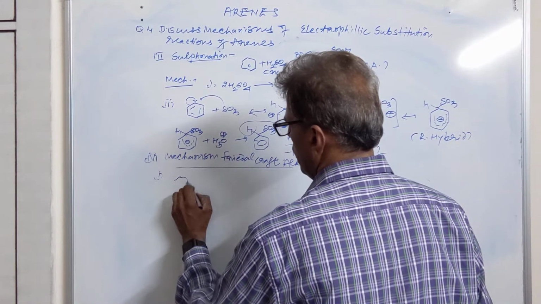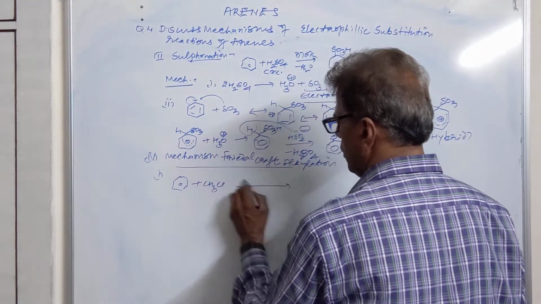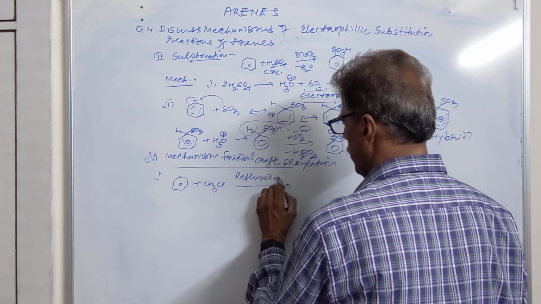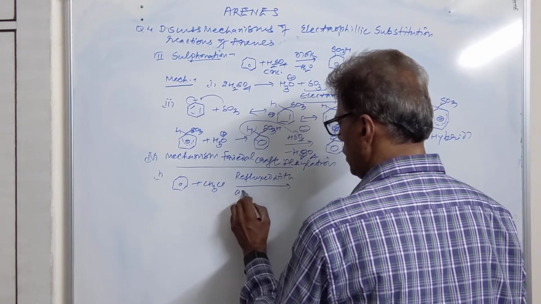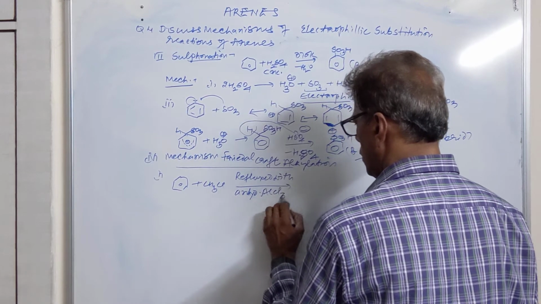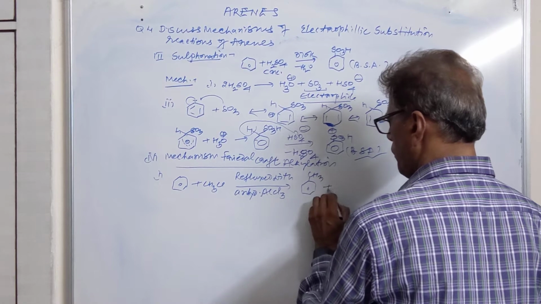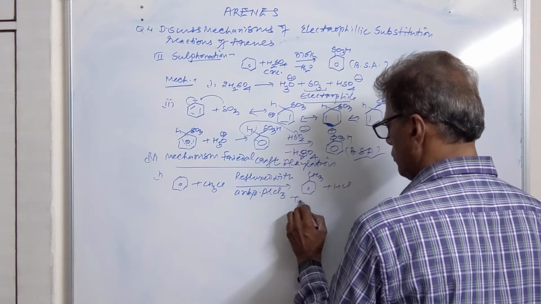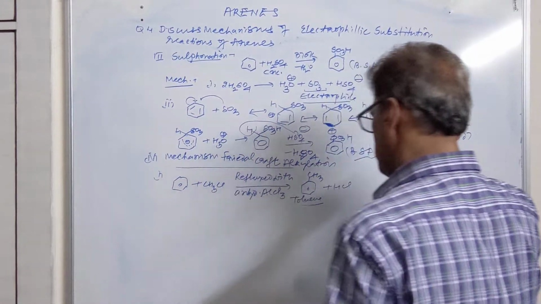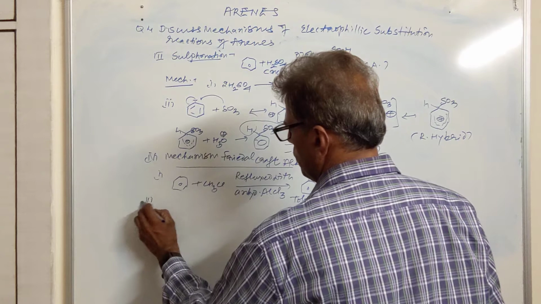First of all, benzene combines with methyl chloride, refluxed with anhydrous AlCl3. It will produce toluene plus HCl. Now this toluene, how it is formed, let us see the mechanism.